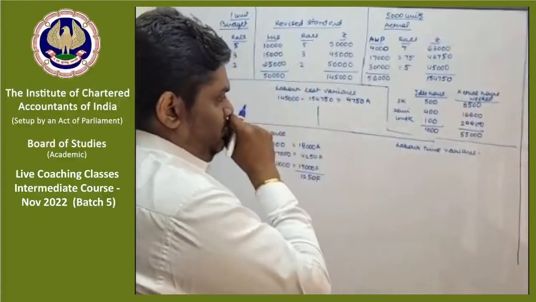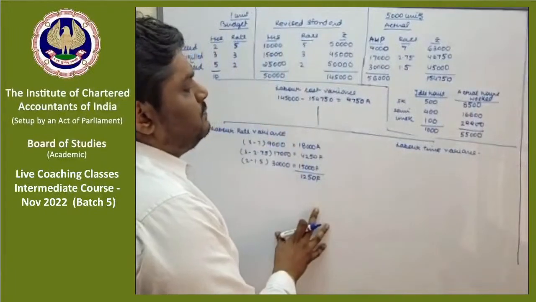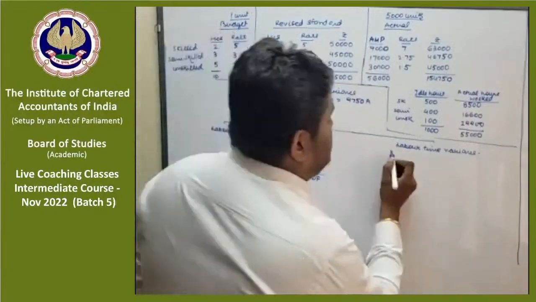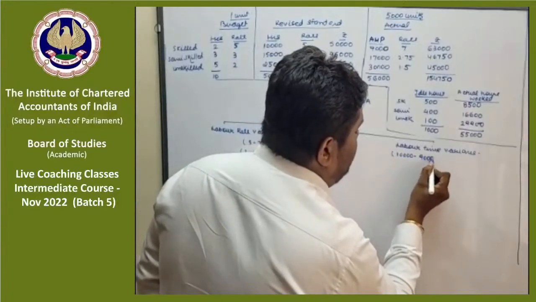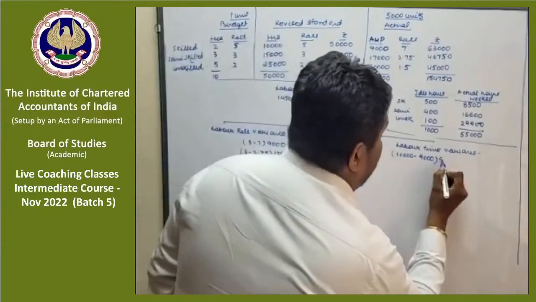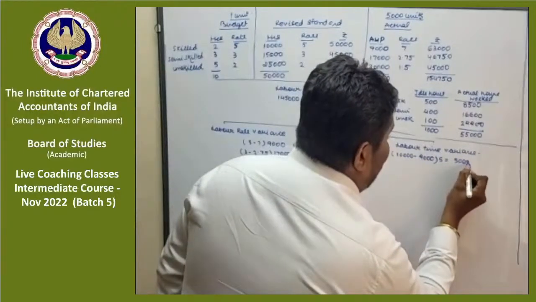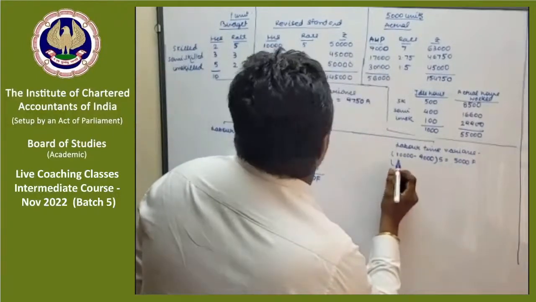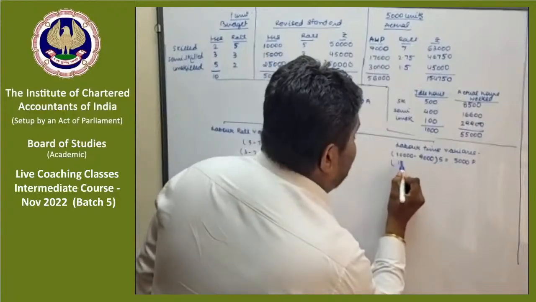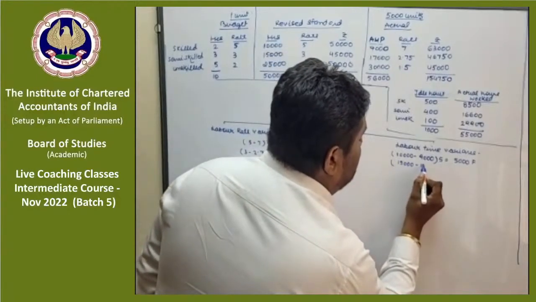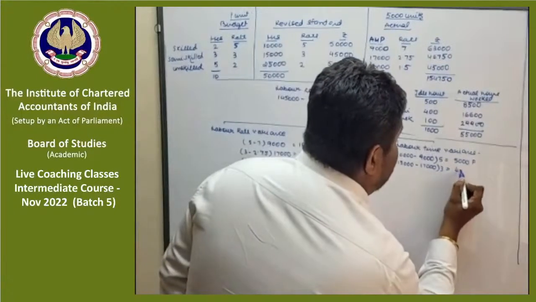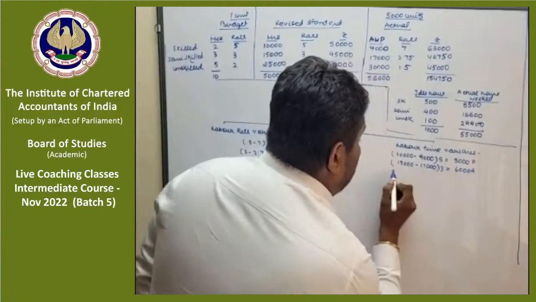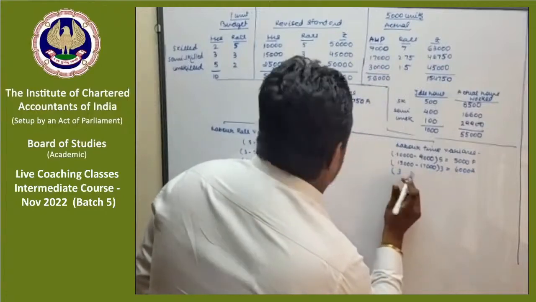So the labor time variance will be calculated in the similar way: 10,000 minus 9,000 into 5, so this will be 5,000 favorable. 15,000 minus 17,000 into 3, so 6,000 adverse. 30,000, sorry.